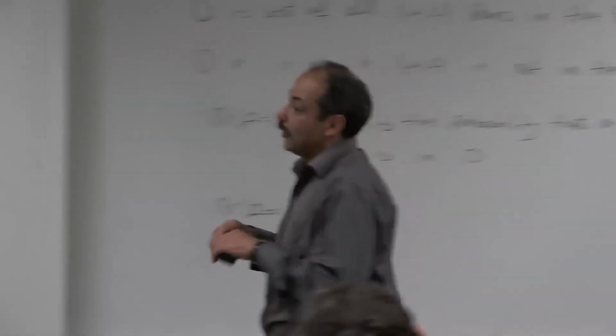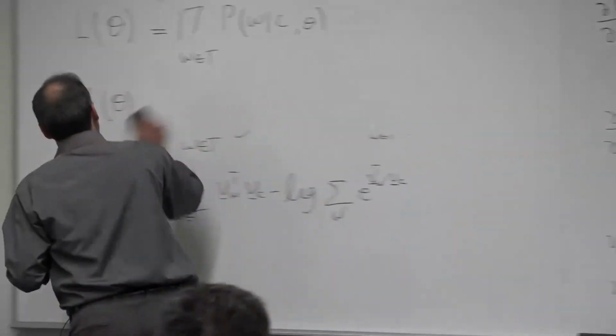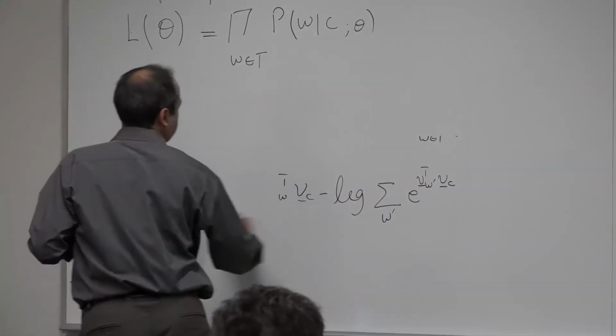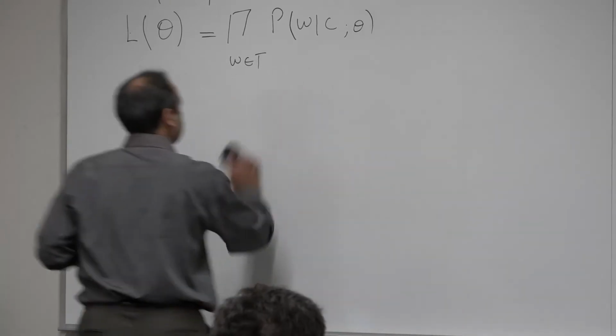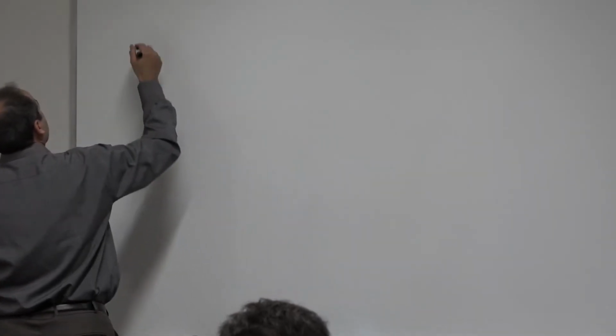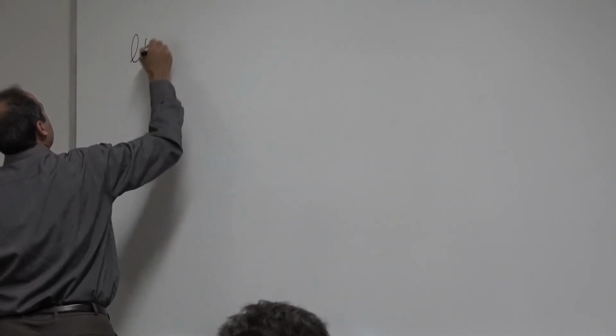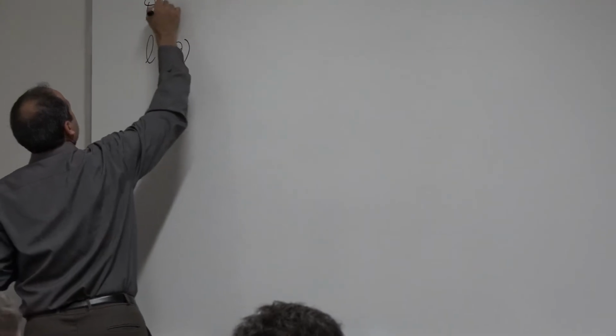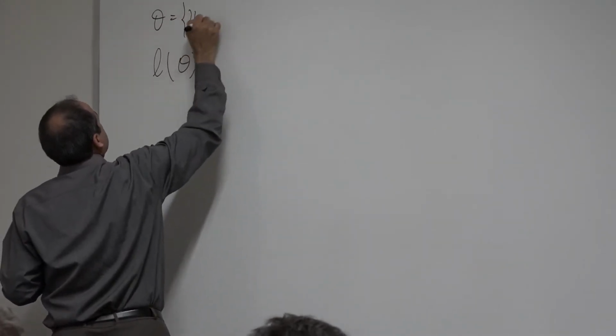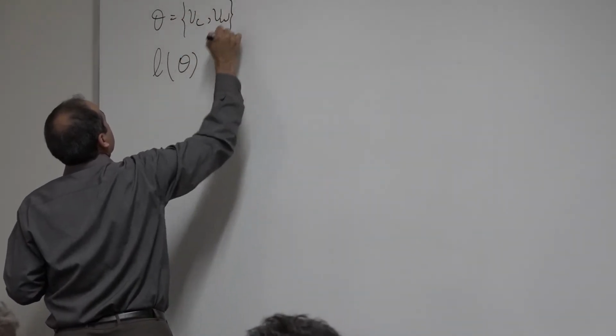I can take the log of this. So the log likelihood, and theta is again VC and VW.